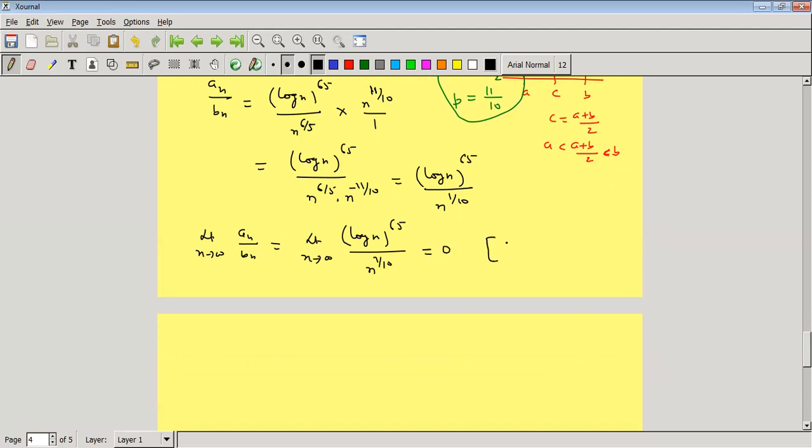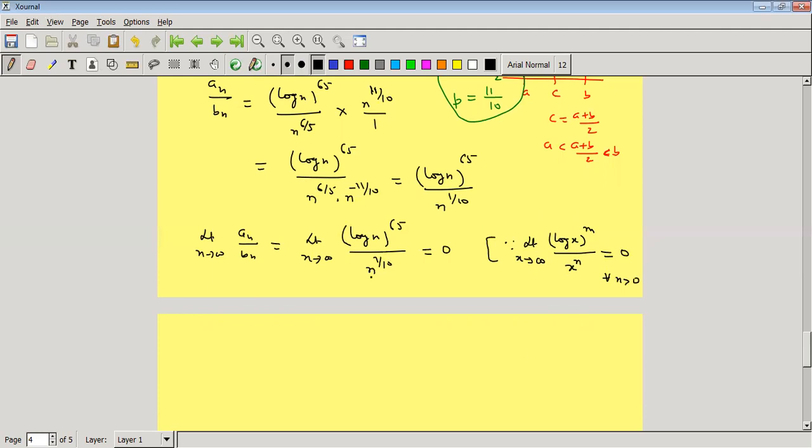How is it 0? Because limit x goes to infinity, not n but x, of (log x)^m upon x^n is equal to 0 for all n greater than 0.